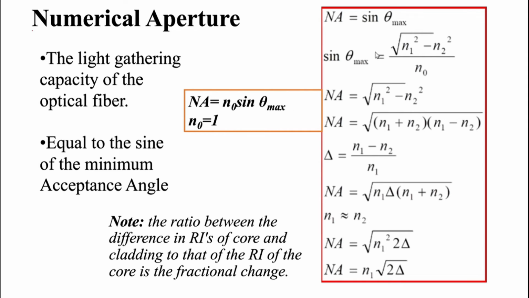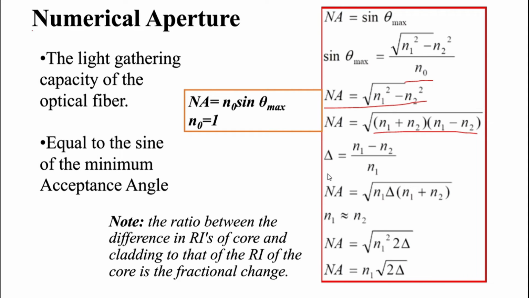And then the sine of the maximum angle is equal to the square root of n1 squared minus n2 squared, divided by n0. And here we assume that n0 is just equal to 1, and so we can simplify the equation here. This is a difference of two squares, and so we can express it in these terms.